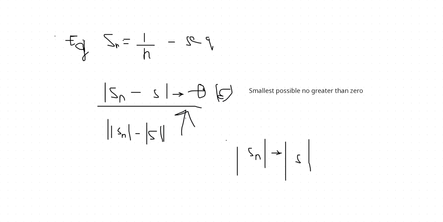So the modulus of Sn would be 1 to the power n. Since the modulus of Sn would always give us 1, whereas Sn would jump between minus 1 and 1, the converse is false and does not hold.